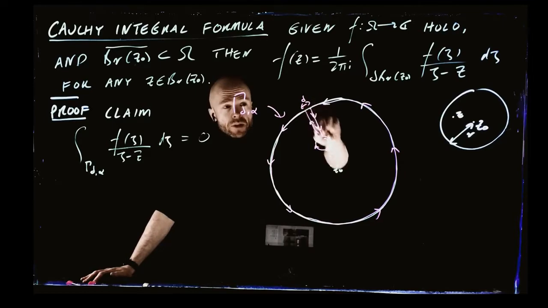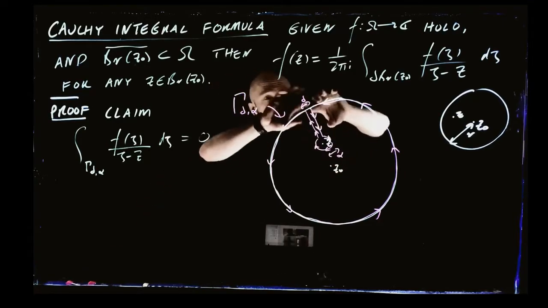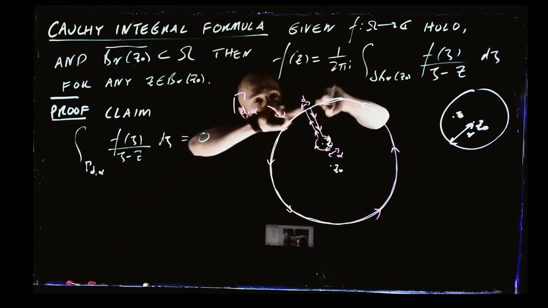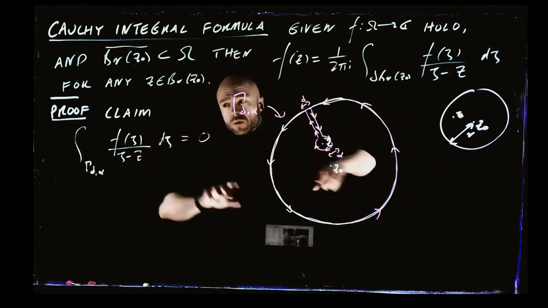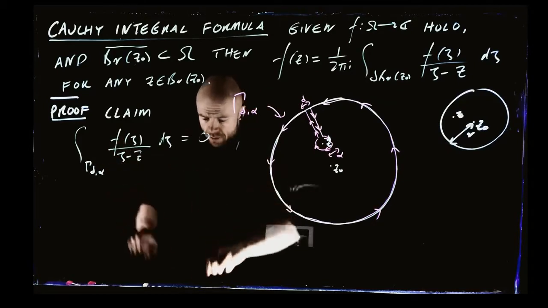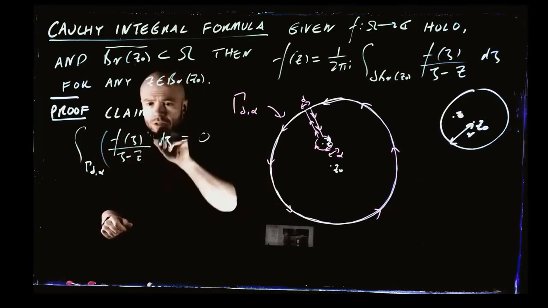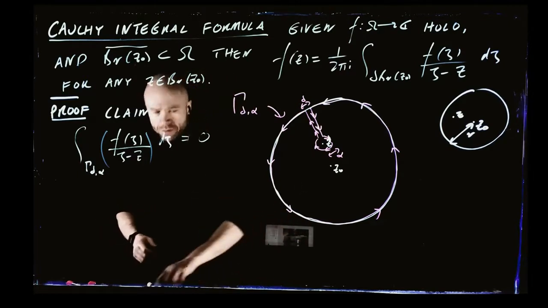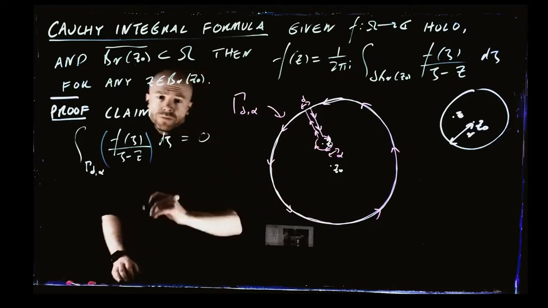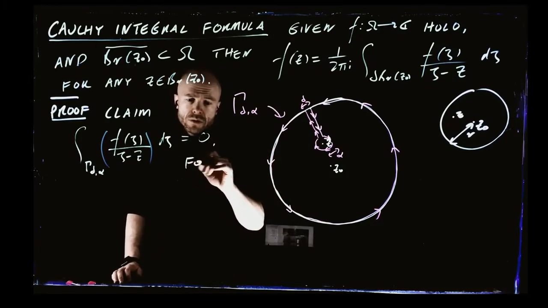In fact, we can just apply this theorem. So this closure of the interior of this keyhole is inside a domain on which this function is analytic. Yeah? Cool. So by the previous theorem, this is true.